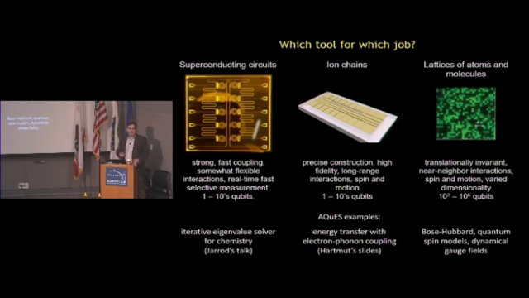We also have, through Hartmut Häffner's lab, access to trapped ions. And trapped ions, as we've been hearing also from Peter's talk, have a precise construction in the sense that all the ions are indeed the same, and the gate fidelities are becoming insanely high. They also have the aspect that not only do the ions possess a spin or internal degree of freedom, but there's also the motional state of the ion, which, as Hartmut will explain, gives access to particular problems.